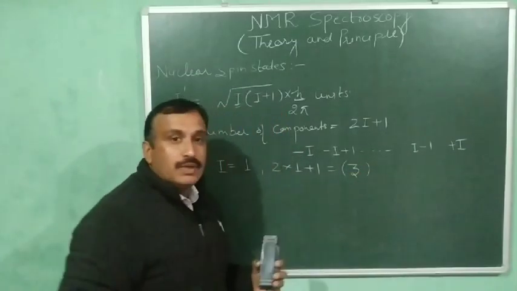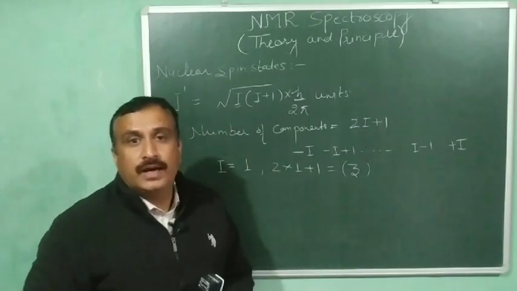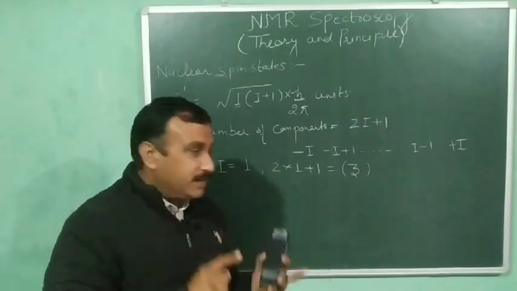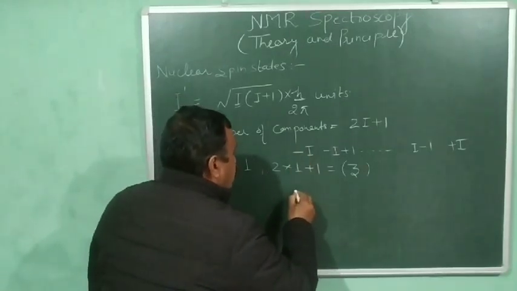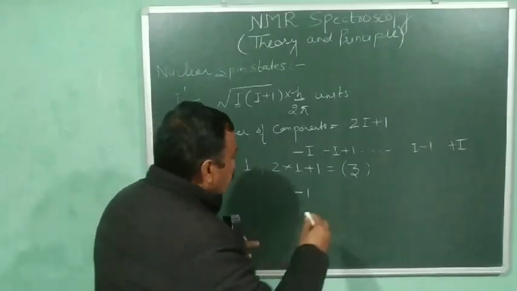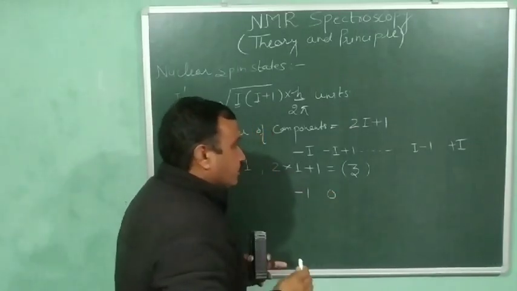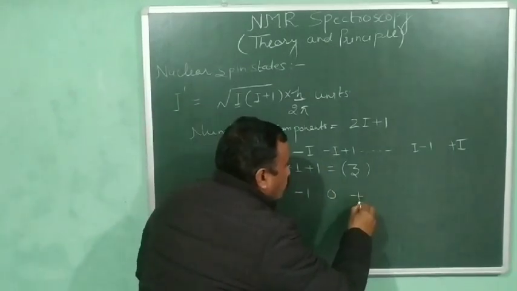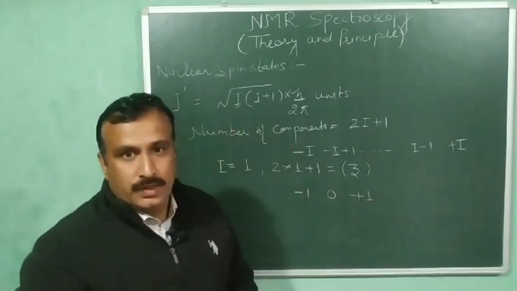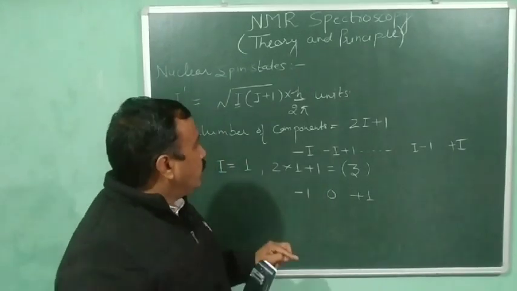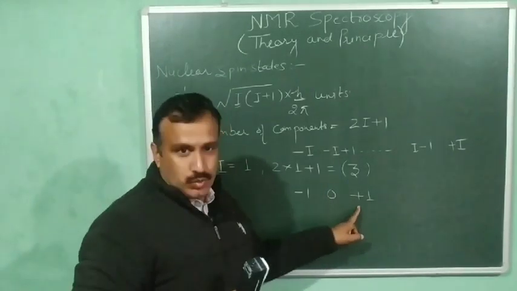So this nucleus will have 3 components of the angular momentum vector, and the components will be minus I, that is minus 1, then we add 1 to it, we have 0, then we again add 1 to 0, and the last component will be plus I, that is plus 1. So in this way, the three components will be -1, 0 and +1.